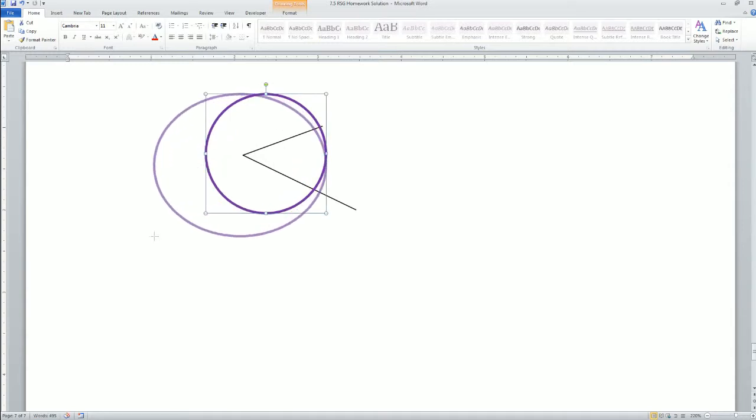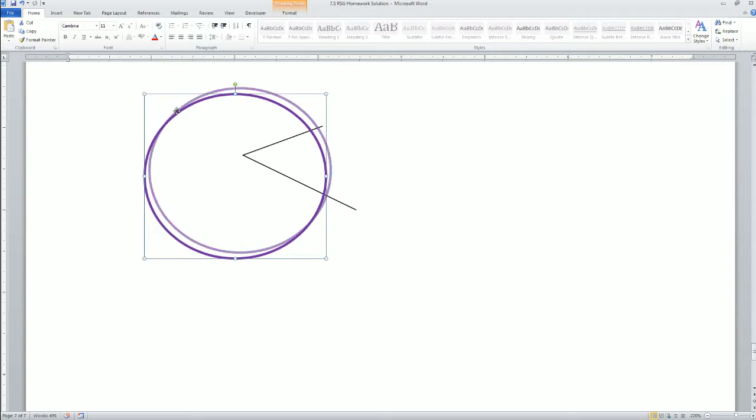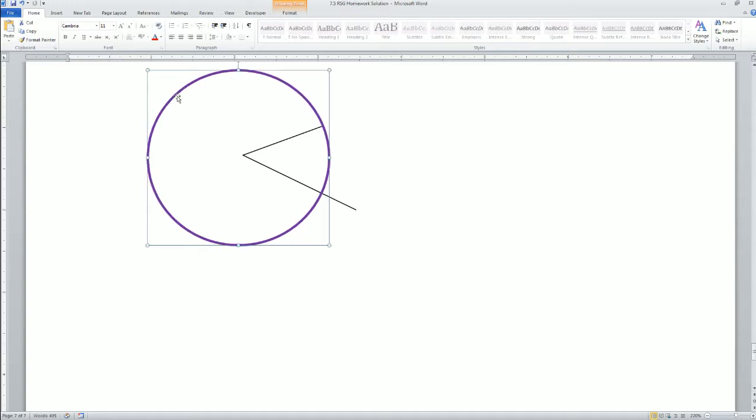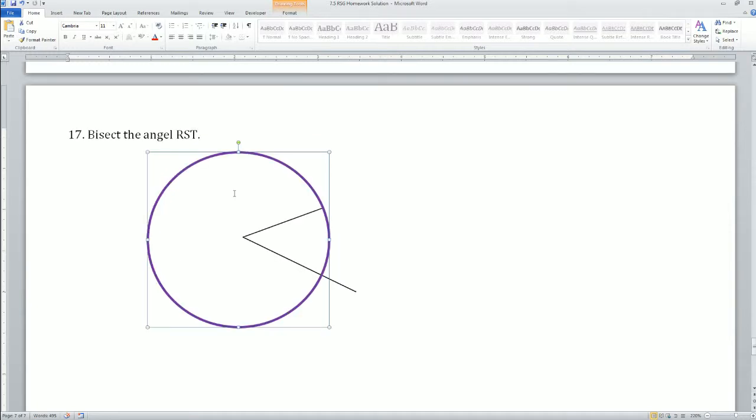A little bit further. Perfect. Alright, that would be the radius here. Oh, I don't need the radius. I'm trying to bisect it. Oh, okay. That's easier.